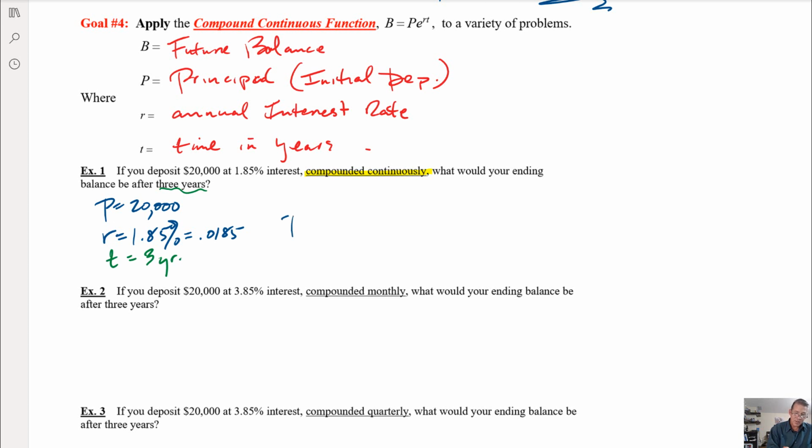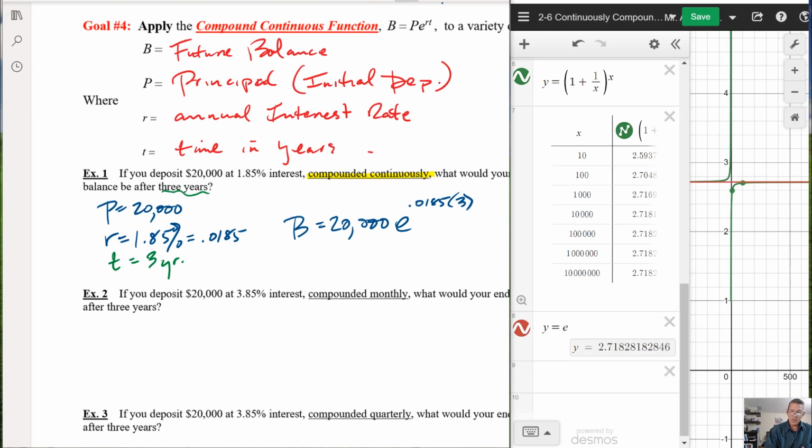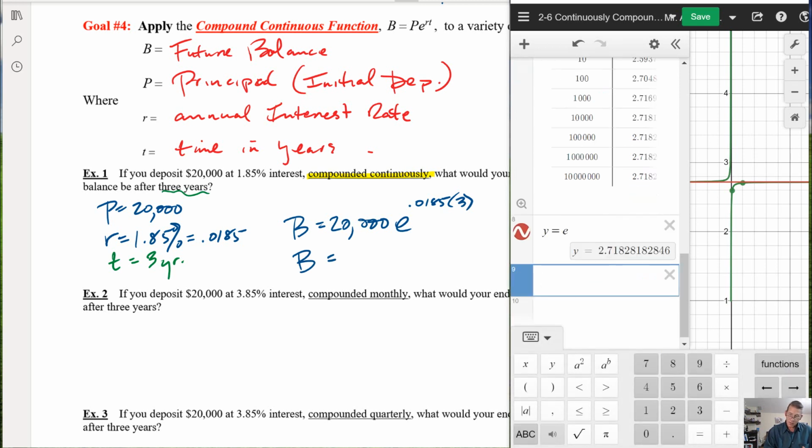It's very simple, actually. So B is equal to the initial deposit, principal, times e raised to the 0.0185 times the time in years, 3. And then you just simply enter that in Desmos and you get a value. I mean, it's that simple, believe it or not. Let's go to the next line in Desmos, type it in. Here we go. So 20,000.